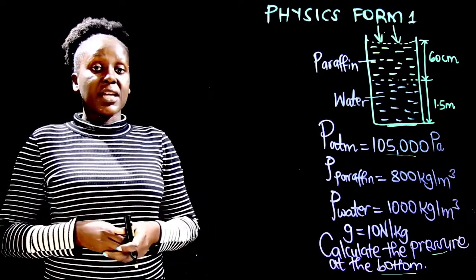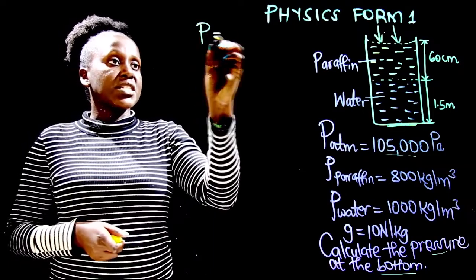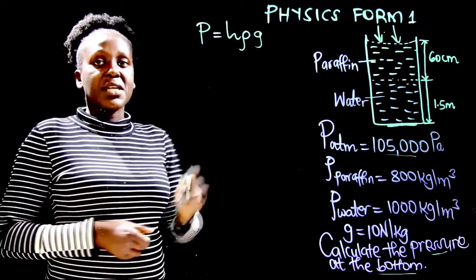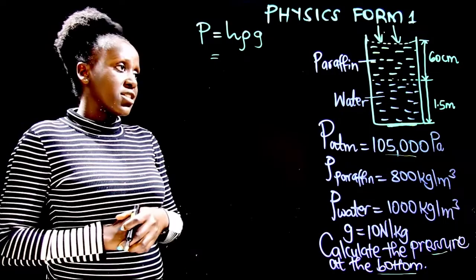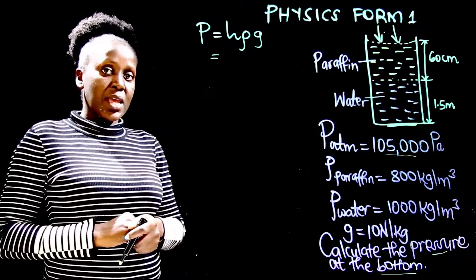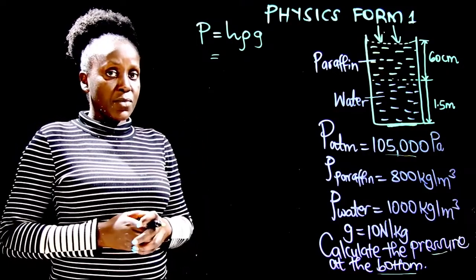Remember that paraffin is a liquid, and pressure in liquids is given by height times density times gravitational force. So, the height of paraffin is 60 centimeters. Can we use the 60 centimeters in the equation?